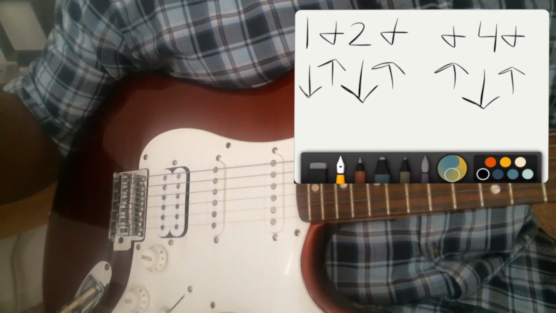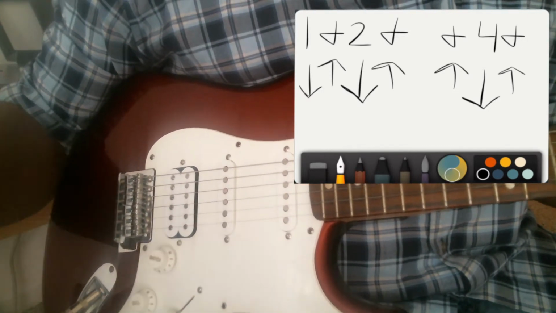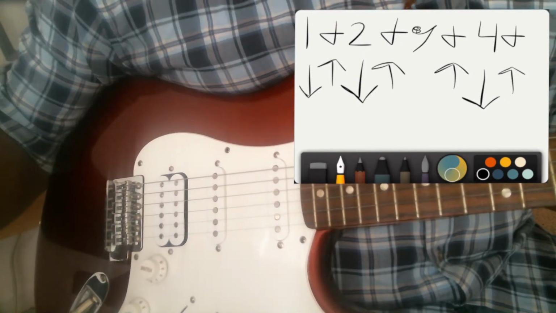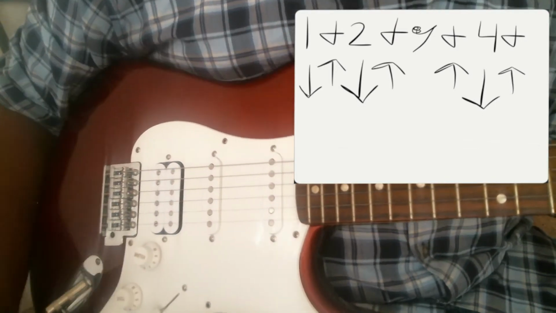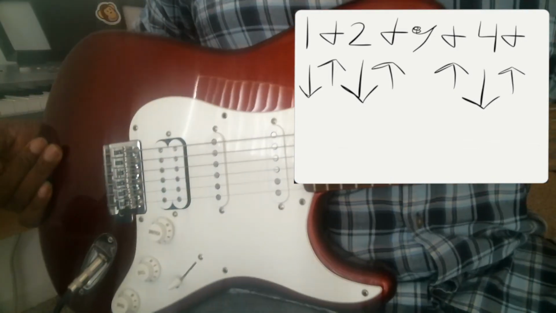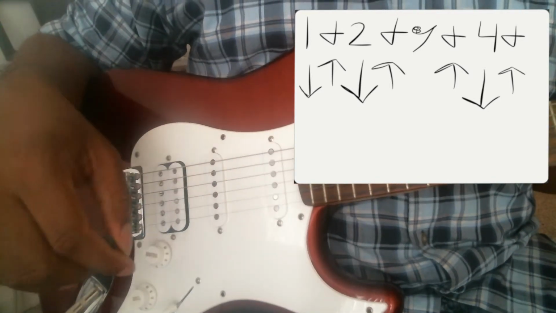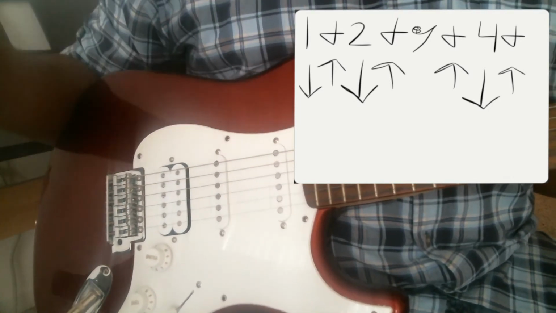We have 8 notes, and so each note is an eighth note, and since we have a rest here, it's an eighth rest. Forgive my artistic abilities. Once you've gotten that far, let's try this strum pattern again, except we're going to leave a rest in place of the 3.